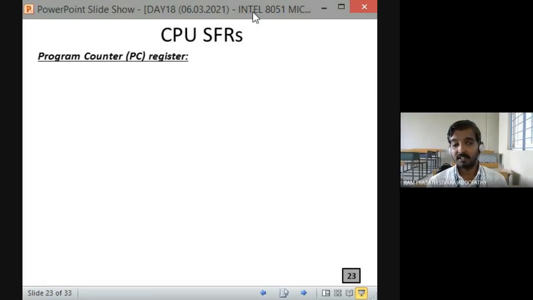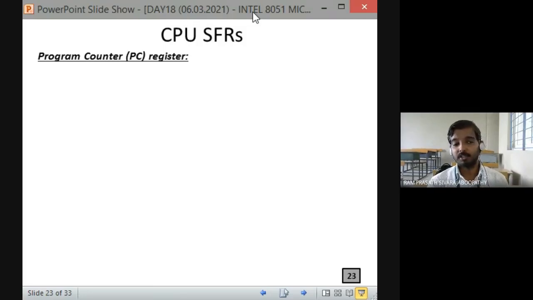Actually it is not an SFR. That means the 21 SFRs are all mapped in the address range 80 to FF, whereas the program counter is not mapped anywhere. It has some special capability, but it is not a special function register in 8051.